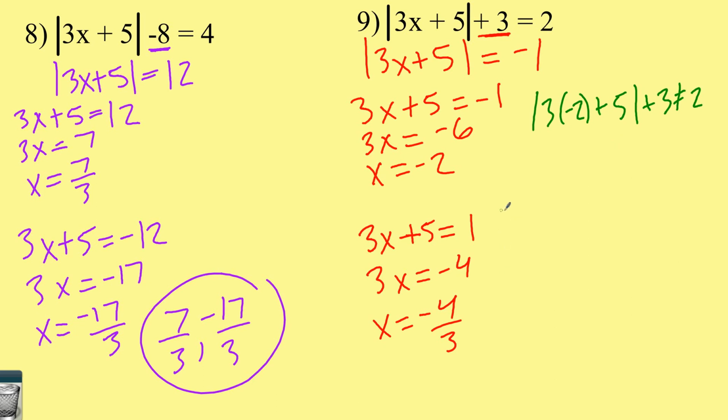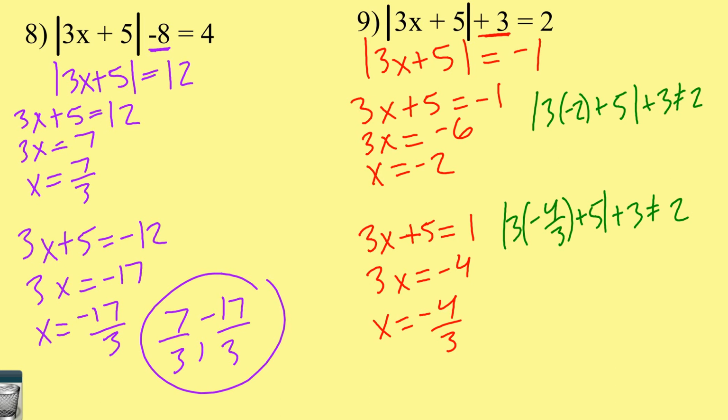Let me plug in negative 4/3. So we do 3 times negative 4/3. That becomes negative 4 plus 5 is 1. Absolute value of that is just 1. Plus 3, that's not 2. That's 4. Well, how does that keep happening?